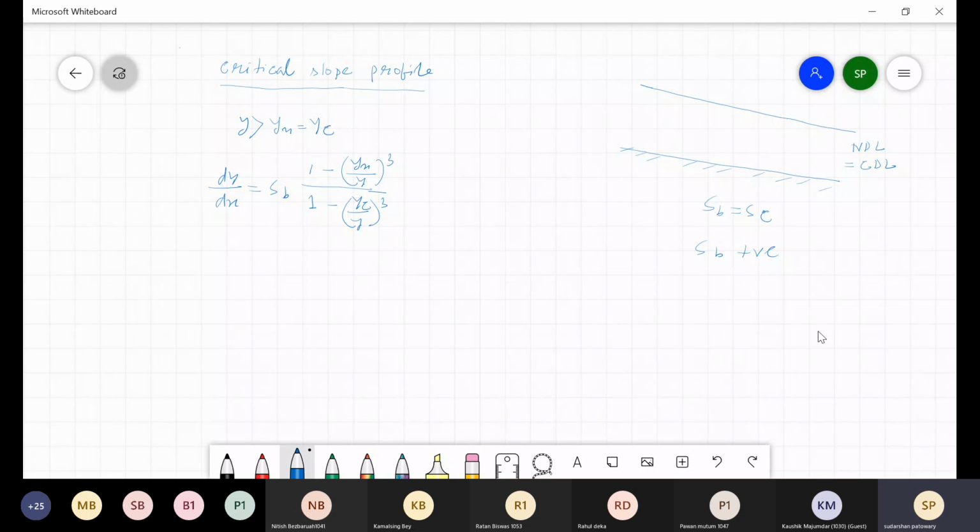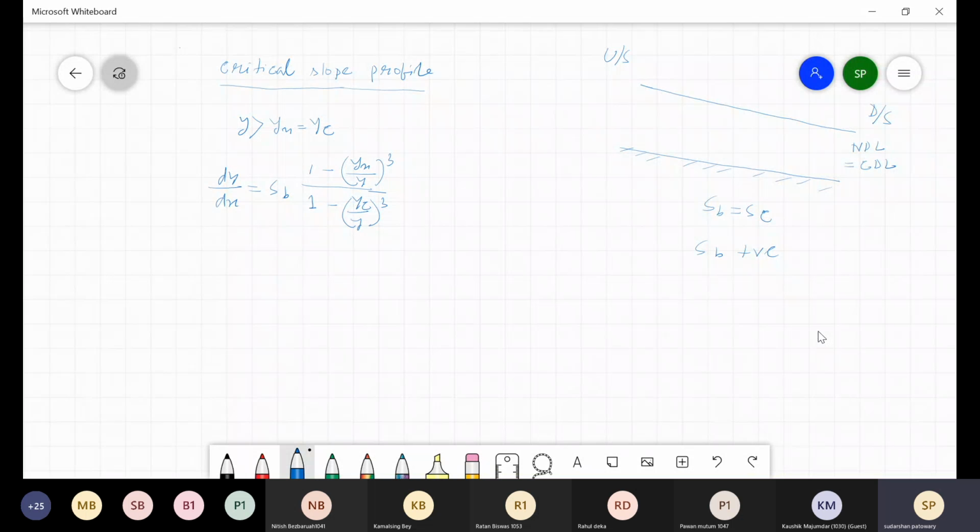So now at upstream, y is equal to what? This is your upstream, this is your downstream. First of all, we have to check whether the profile is a rising profile or a falling profile. SB is positive, y is greater than yn, so yn by y is less than 1, so 1 minus that is positive. Y is greater than yc also, so yc by y is less than 1, and 1 minus that is positive.